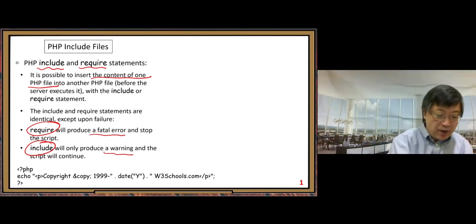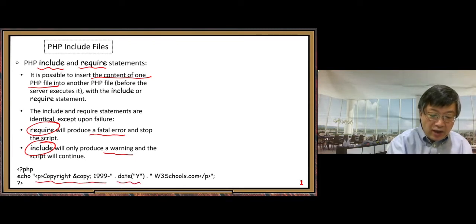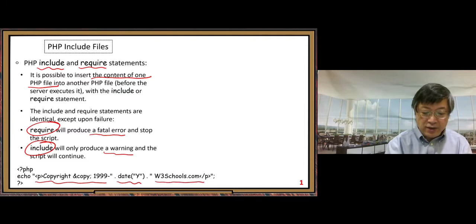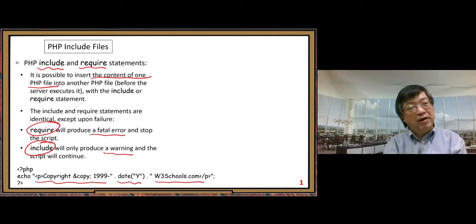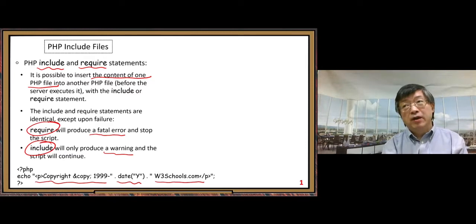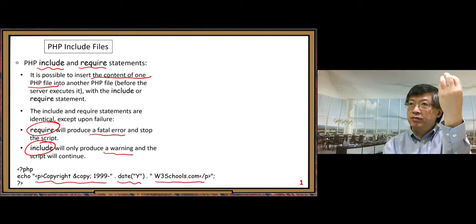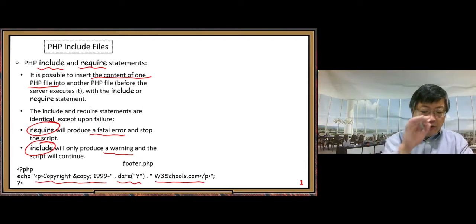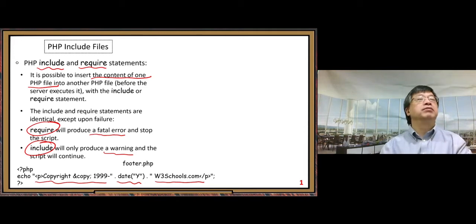Here the copyright information, the current date, the year, and the website. But for the whole website, we only need to create it once. So we put it in one footer file. We call it footer.php.